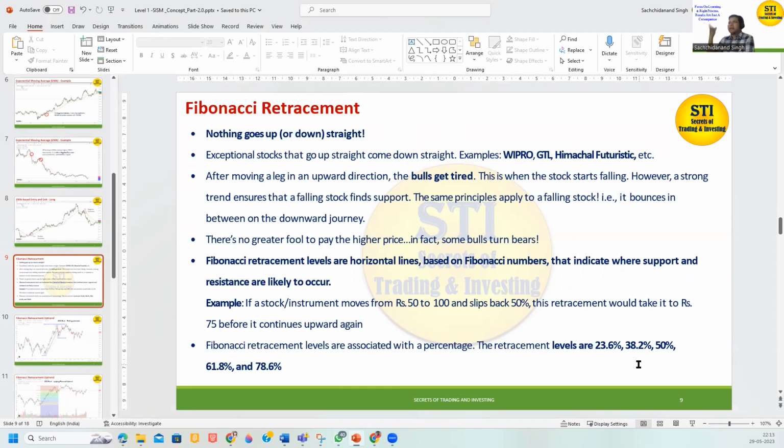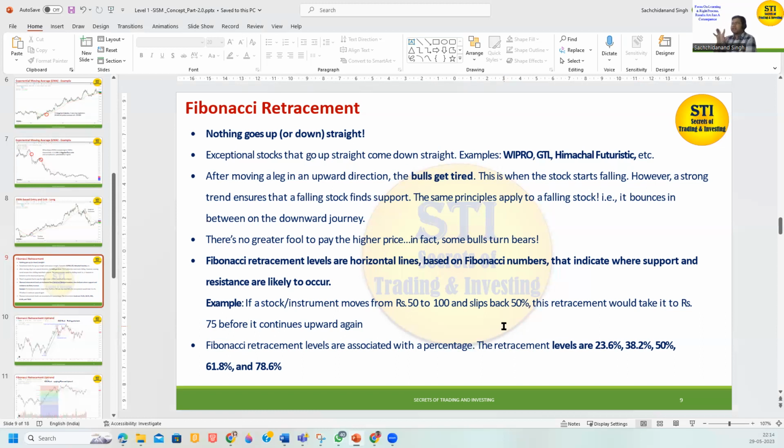That means 50 to 100 rupees is a 100% movement. When it is taking rest, if it comes back 50% down from 100 rupees, which means up to 75 rupees, that will be treated as a healthy rest.